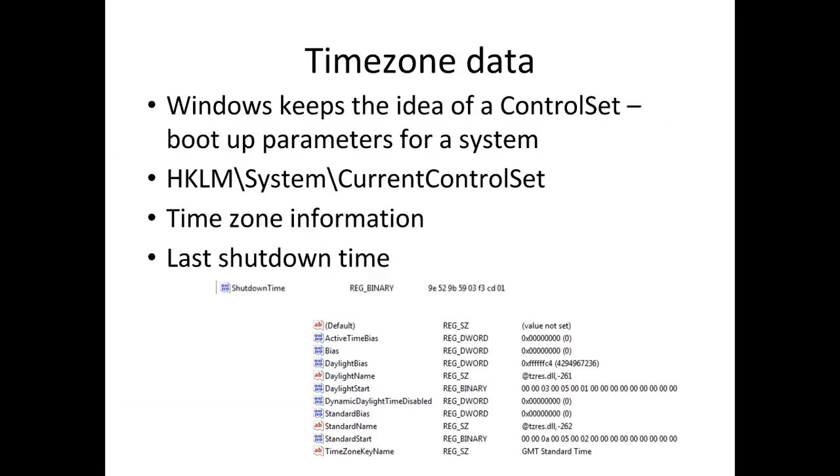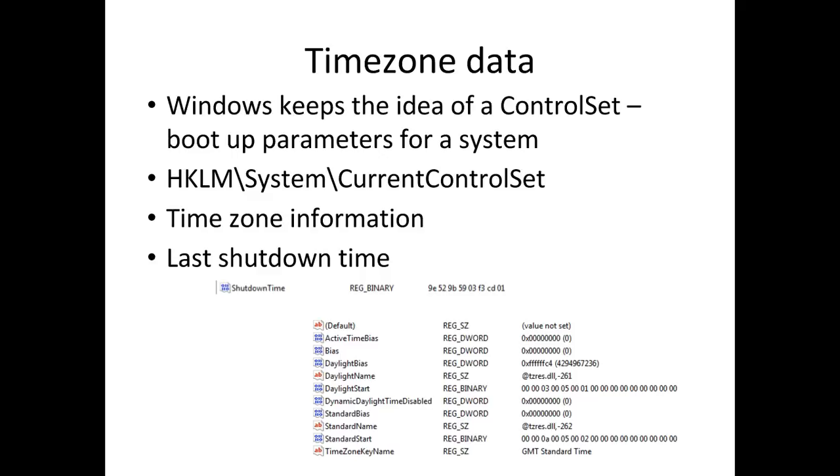We can see some time zone information, and if you remember the very first video that I did, I talked about control set information, and I referred to something called the current control set and said it would be a good idea for you to look that up. So your control set information in your registry stores lots of information about how the system is currently set up, what configuration the system currently has, how the system was last booted safely, and how the system was last booted.